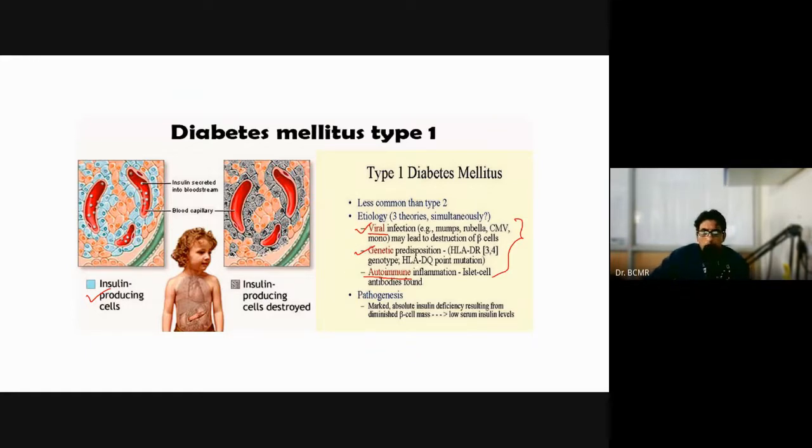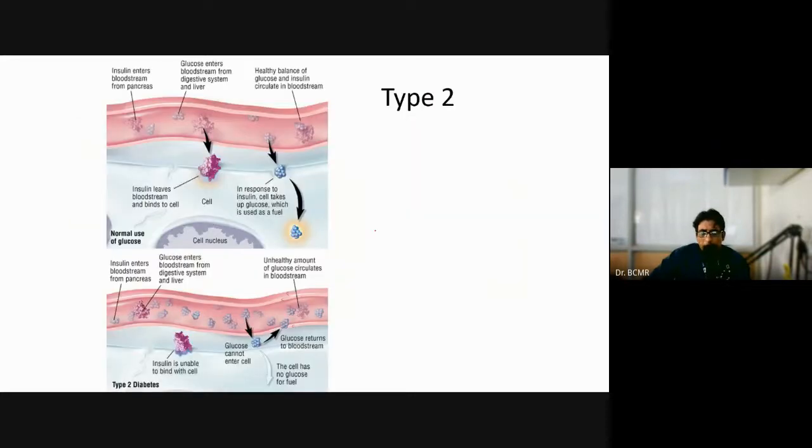Again, before going further, we will also look at type 2 diabetes, and we'll have a comparison of both of these cases. What does insulin do? Insulin is produced by the pancreatic beta cells, and the insulin goes to the target cells and stimulates the cells to take up glucose.